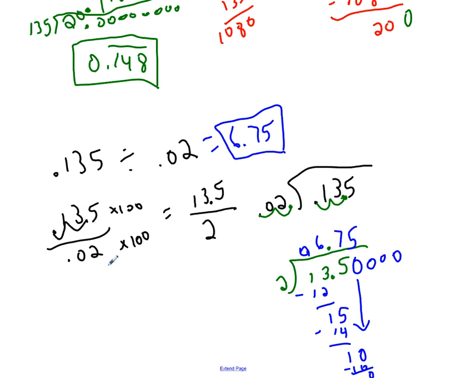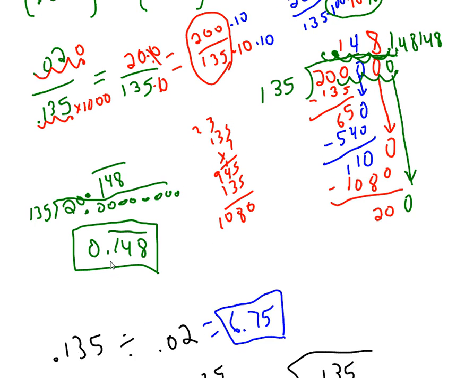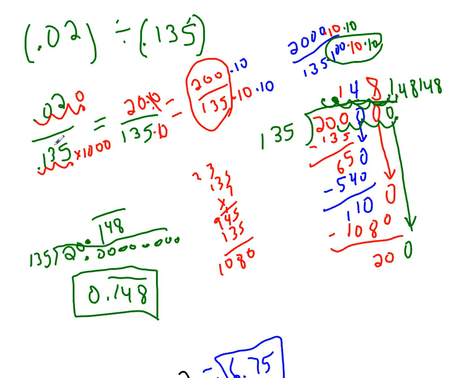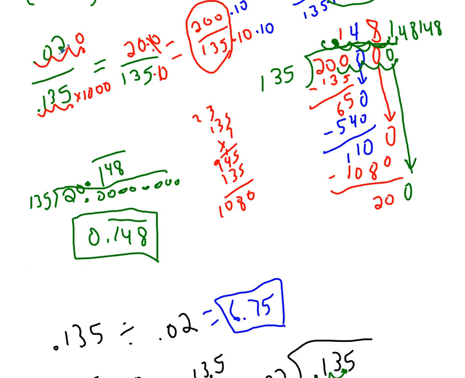0.135 over 0.02 is the reciprocal of 0.02 over 0.135, right? Just like when you subtract 5 minus 3 versus 3 minus 5, we get the additive inverse if we switch the order in subtraction.